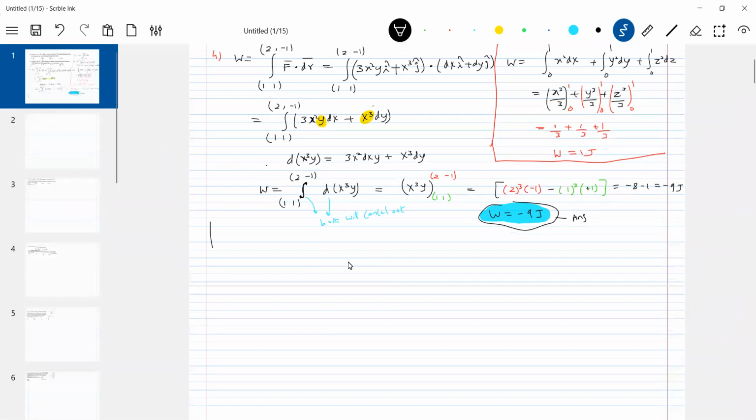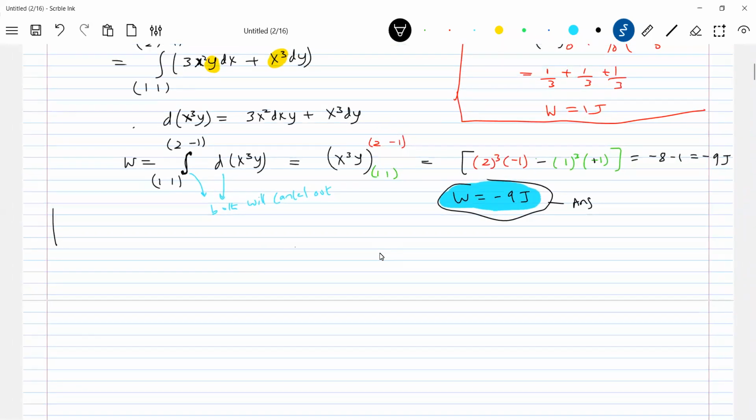Now we'll try to explore the meaning of this one. So I'll bring back the question. Or alternative method. Work done is equal to, what was the form? What was the question?